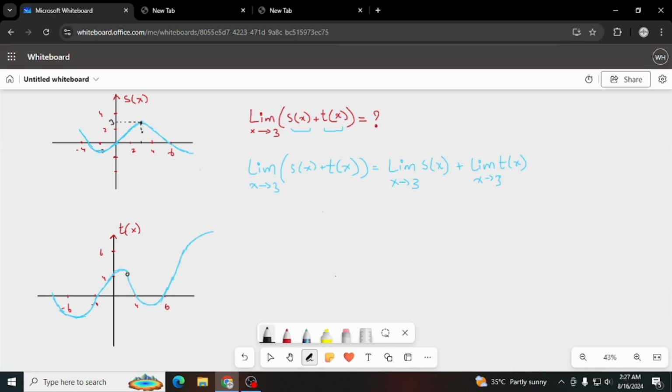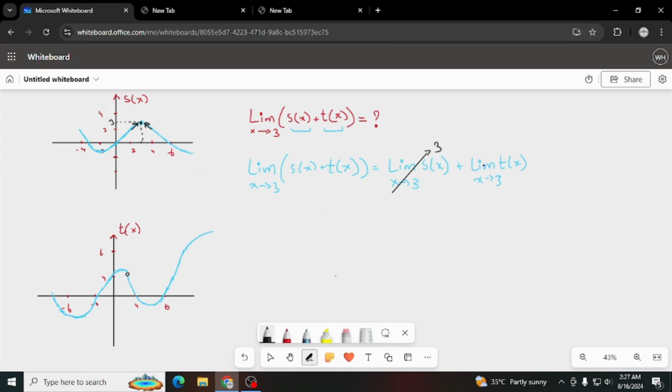So we saw that this function is continuous at x equals 3, and it is approaching 3 from both the right-hand side and the left-hand side. So this is equal to 3.